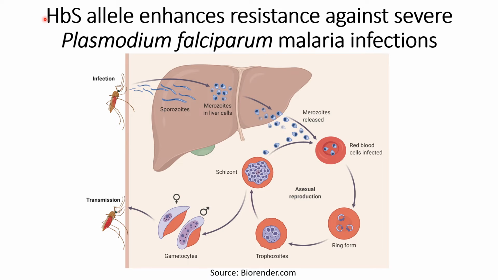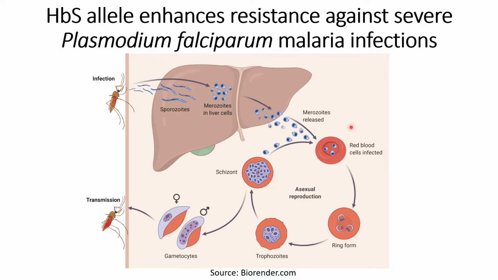So the HbS allele enhances resistance against severe Plasmodium falciparum malaria infections. This is a protozoa that is carried and transmitted by female mosquitoes whenever they bite into blood and there's blood transfusion. It allows this protozoan to enter the body. It will go into the liver and start to affect the cells, and then it will eventually make it to red blood cells where the hemoglobin is located.